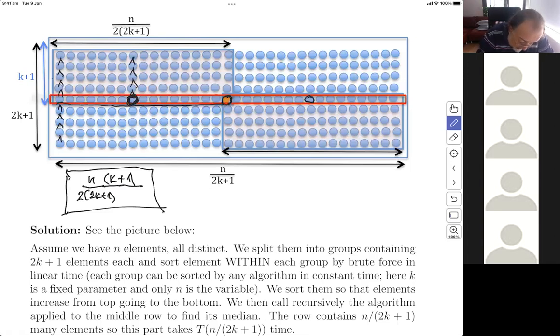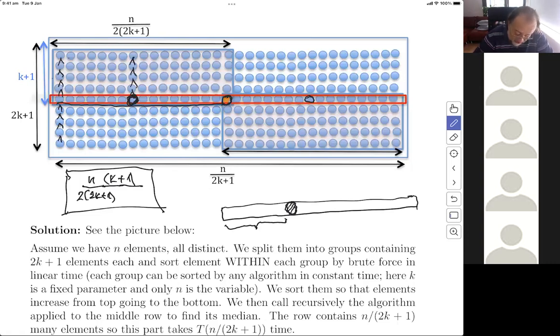So if you use now this very same pivot to split just the original array without looking at this picture, using the orange element as the pivot, then we are guaranteed that both the smaller side and the larger side will have at least this many elements, n times k plus 1 divided by 2 times 2k plus 1, which means that the remaining part has at most n minus n times k plus 1 divided by 2 times 2k plus 1.